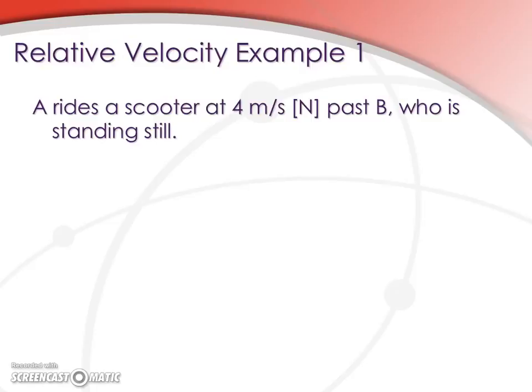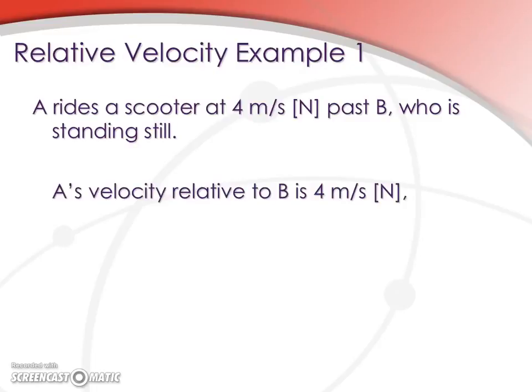All right, let's take a pretty simple example. These will get more complex as we go. So, Anita rides a scooter at 4 meters per second north past B. And B is standing, okay, so we'll make it Brian, who's standing still. Anita's velocity relative to Brian is 4 meters per second north.